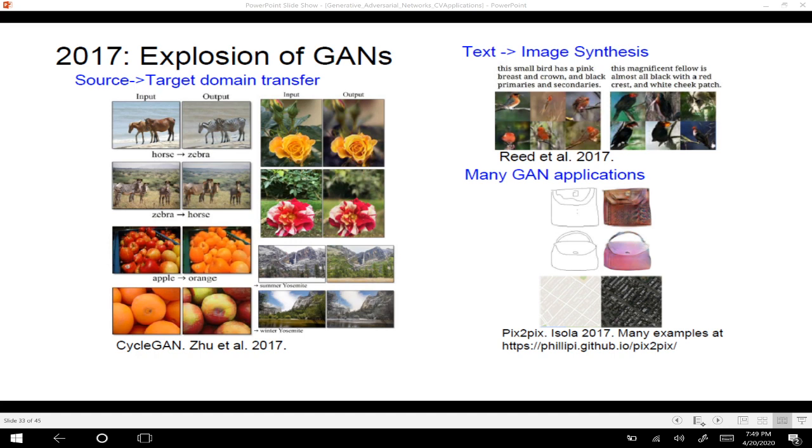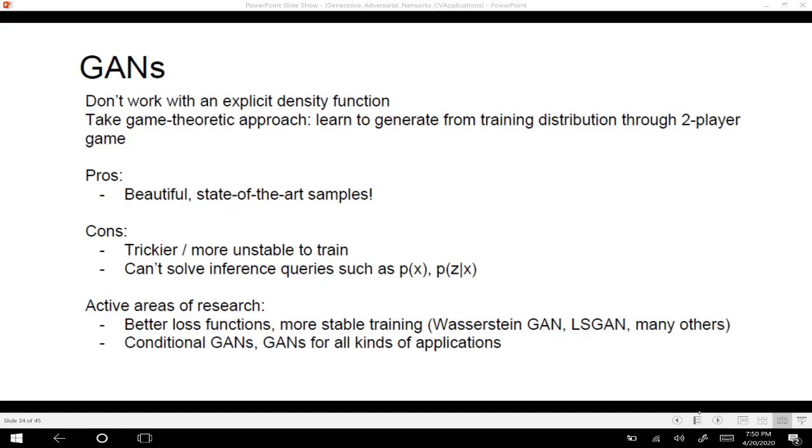As we discussed, these are all useful for synthesis of different kinds of images, as well as from sketches to coloring, etc. So this is the summary of generative adversarial networks. These don't explicitly capture the density, but generate samples that are much more realistic than many of the previous methods.